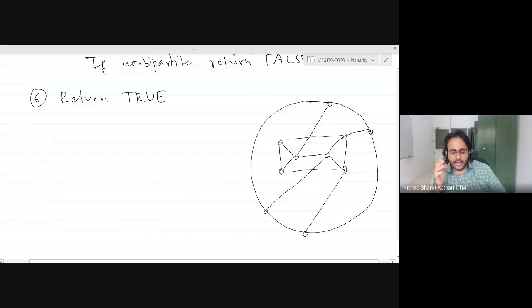So what you need is to be sure that there is an embedding of the bridge in which all the vertices of attachment, whichever edges go from a vertex of attachment to the bridge, they all have to be on the outside face.